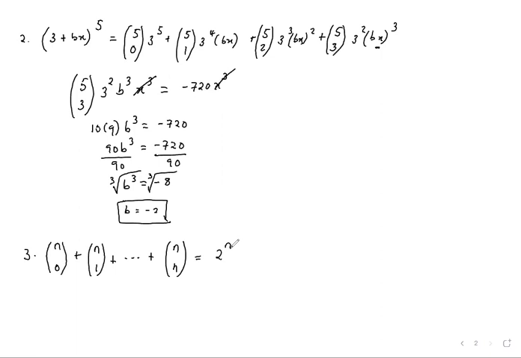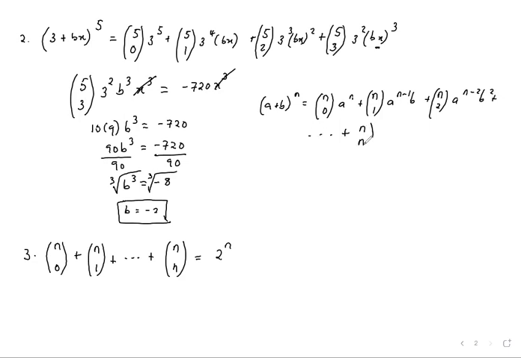Now, the binomial theorem says that (a + b) to the power n is the same as n choose 0, aⁿ, n choose 1, aⁿ⁻¹b, n choose 2, aⁿ⁻²b², until you have n choose n, bⁿ.